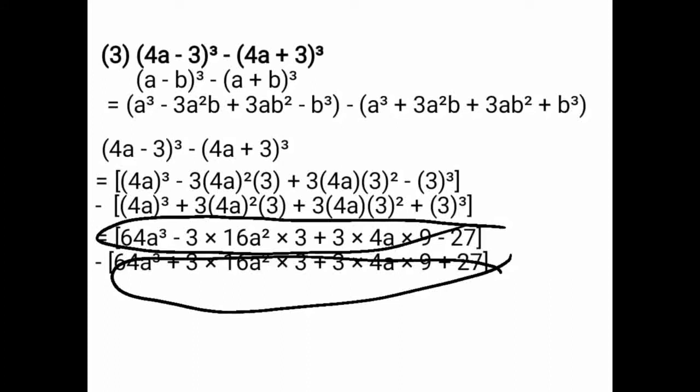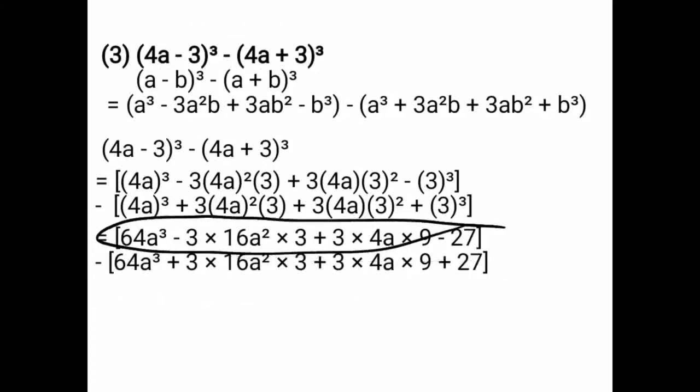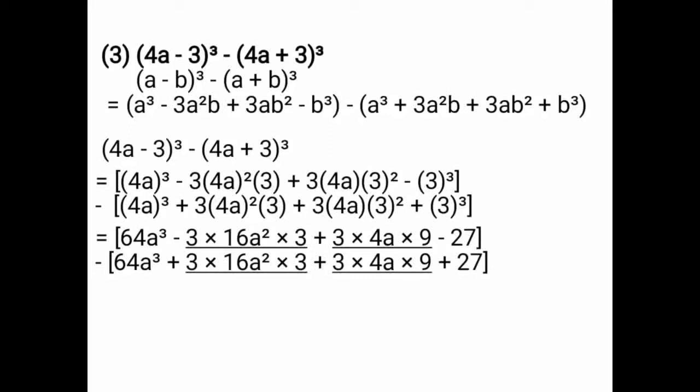Remember this, don't forget. According to the formula given in the question, you have to write the expansion in every sum. Underline 3a square b plus 3ab square in both the brackets, which I underlined, you have to multiply now.